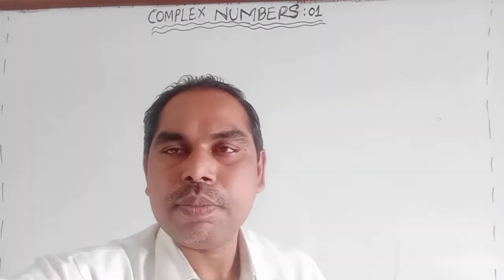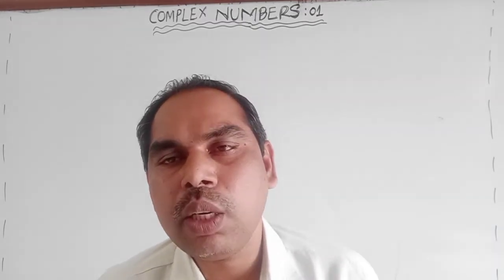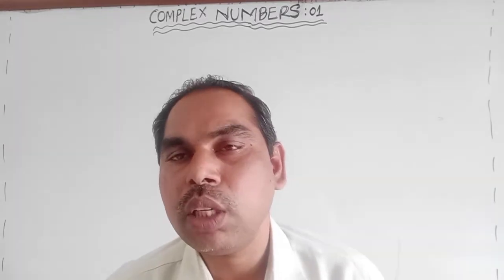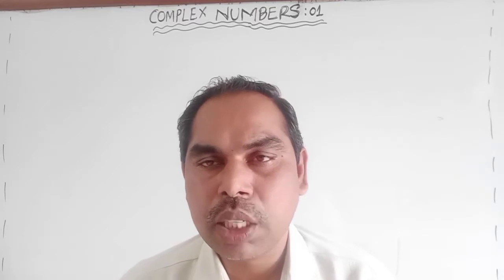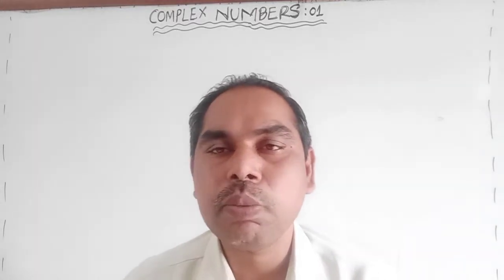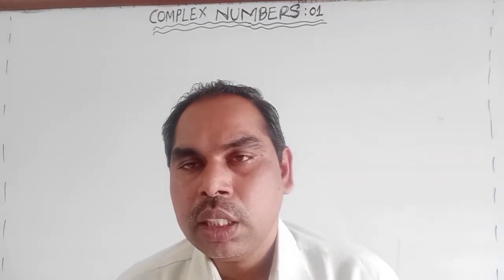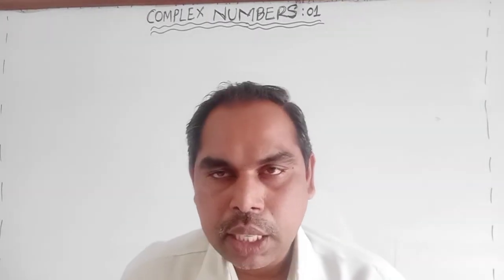In real numbers, we cannot find the square root of a negative number. Means square root of minus 5 is not defined in real numbers. Square root of minus 10 is not defined in real numbers.